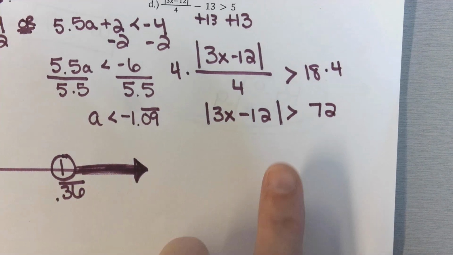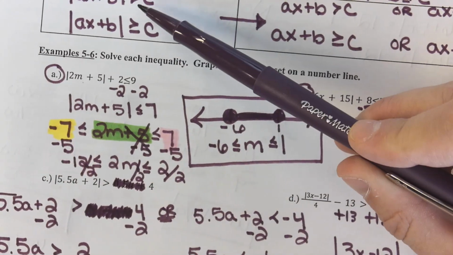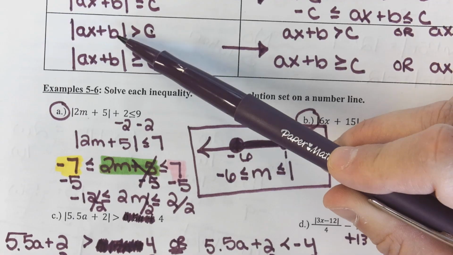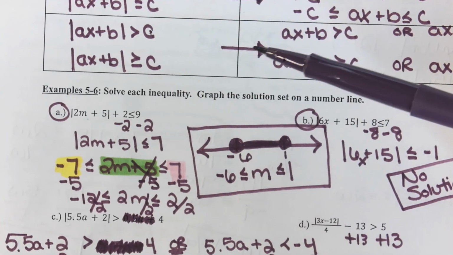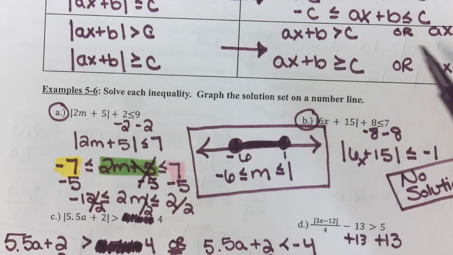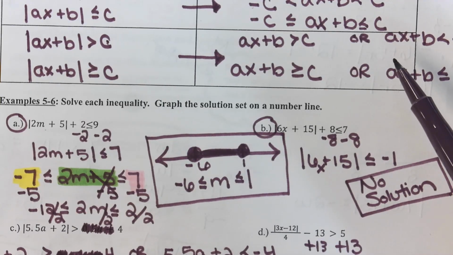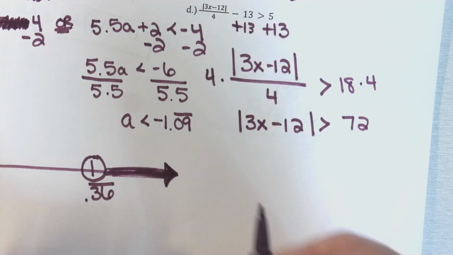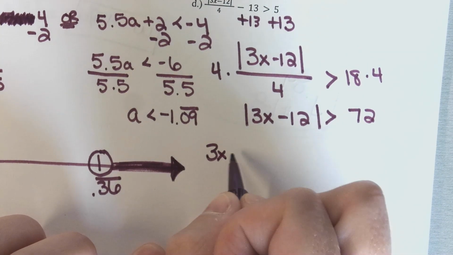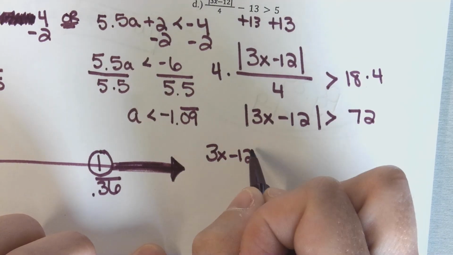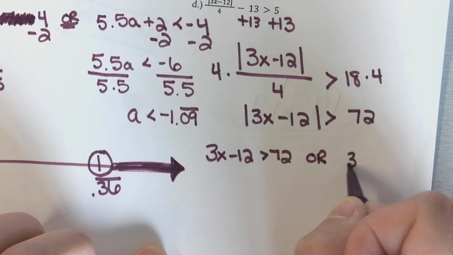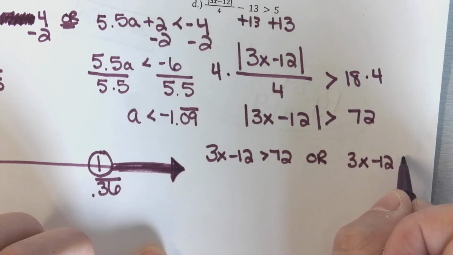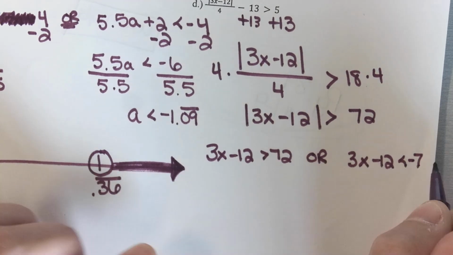Alright, so do you see how once we've simplified it down, we ended up with a situation like this? We have an absolute value with stuff inside of it, and it's greater than a number. So I'm going to go ahead and plug into this formula then. This formula is going to help me solve. So 3x minus 12 is greater than 72, or 3x minus 12 is less than negative 72.